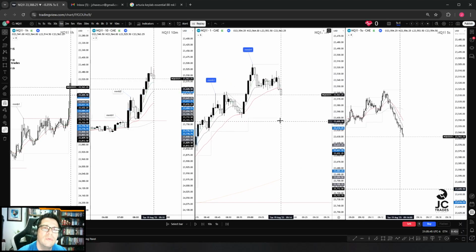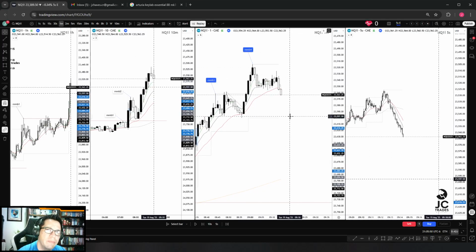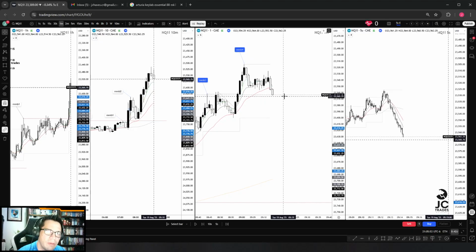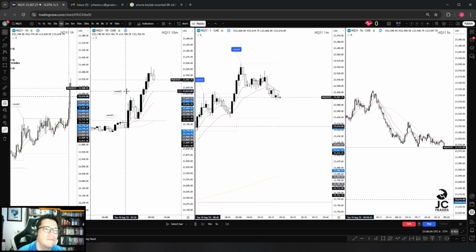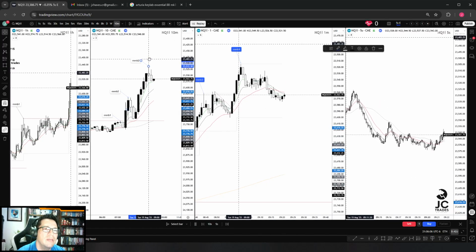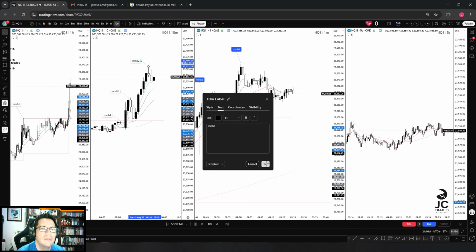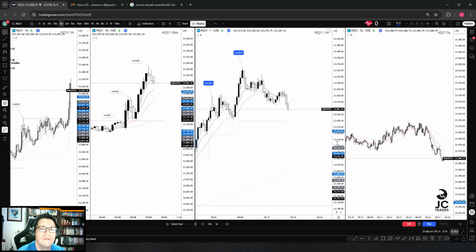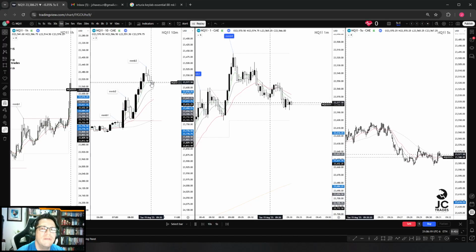And at this point, we are kind of failing here. So this is kind of expected. Let's see if that builds something here or if it just fails at this time. So it seems it's flushing here as part of what we could start labeling as MMB3. So that time that would have been MMB3. We would have gotten here on our context at this time to the 5 EMA.